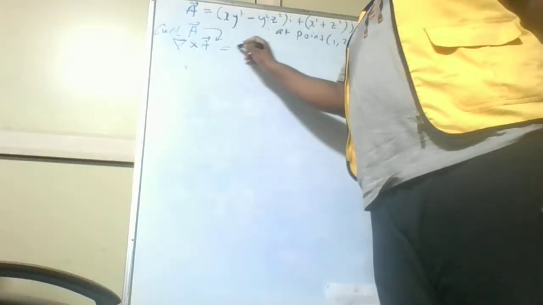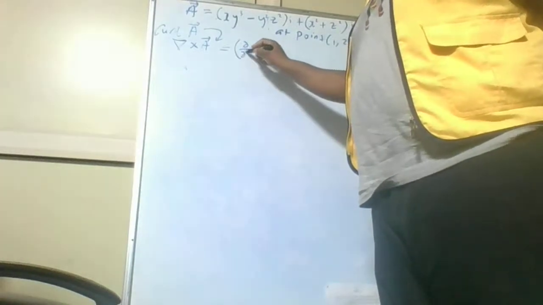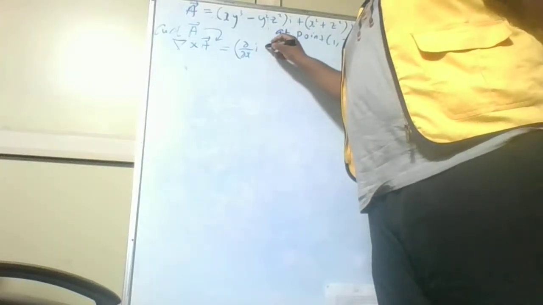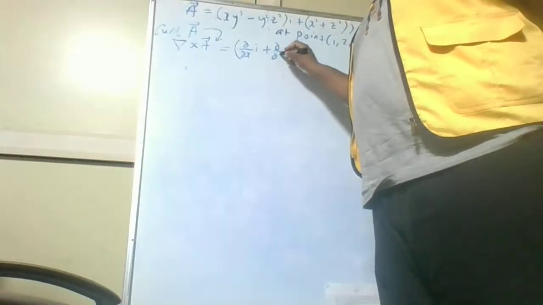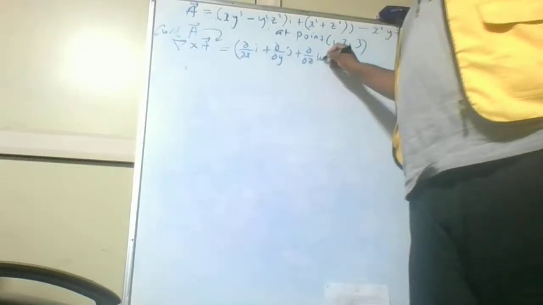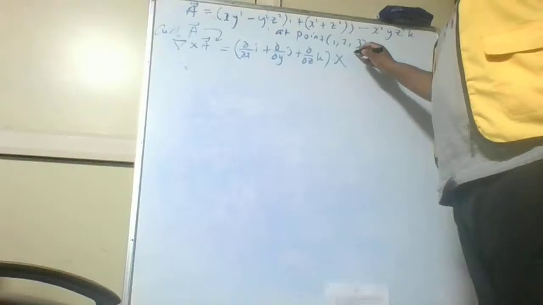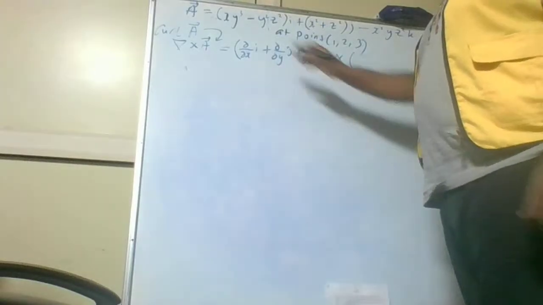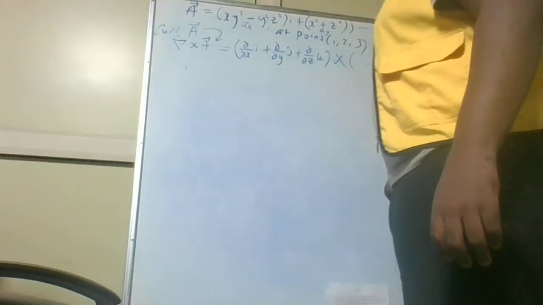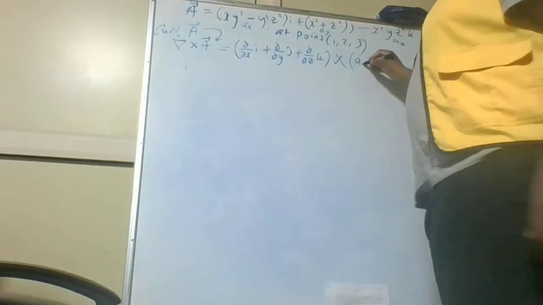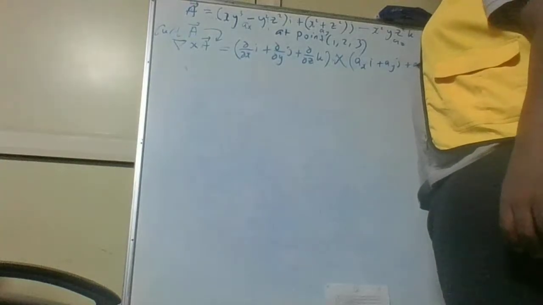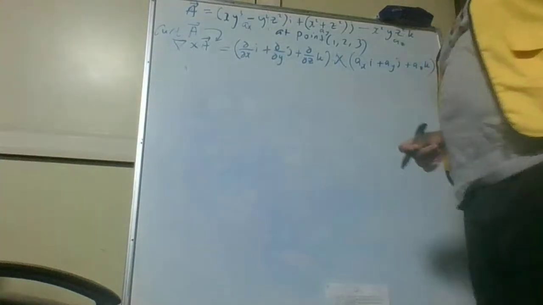And nabla cross A is equal to partial x i plus partial y j plus partial z k, cross A. I'm going to represent this using A of x, A of y, and A of z: A of x i plus A of y j plus A of z k.